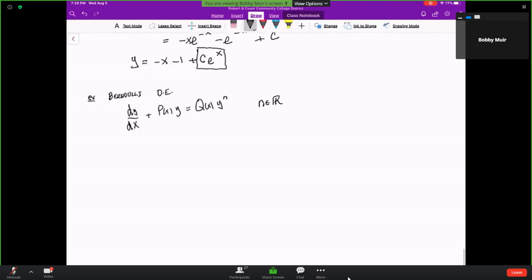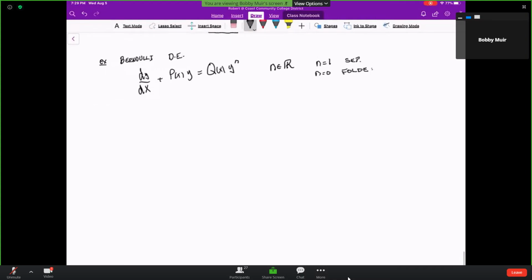Okay, so there's some things here to consider. If n equals 1, that's a separable differential equation, bringing the p of x over or factoring the y out. If n equals 0, that's just a first order linear differential equation.